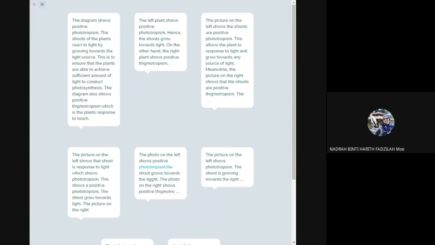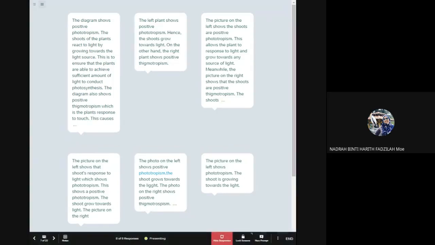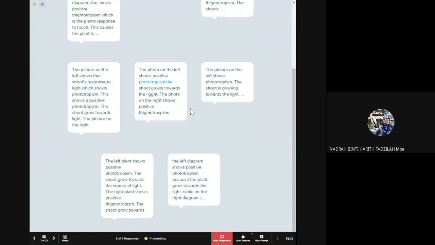Bagus. Shoot grows towards the light. And then figure on the right, tapi tak apa sebab saya tak label so no worries. Figure on the right shows positive thigmotropism. Setuju, saya bersetuju. Okay, positive thigmotropism.